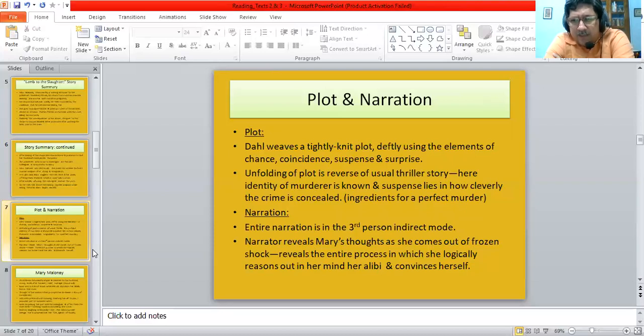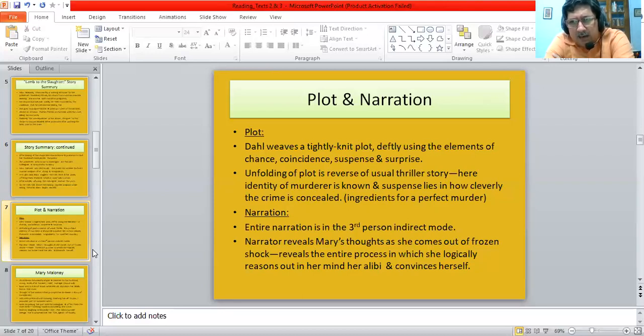quite well used. Okay, so is it chance that her husband's colleagues are there for the detection and she is dealing with them and they are hungry and she offers them the leg of lamb as dinner?